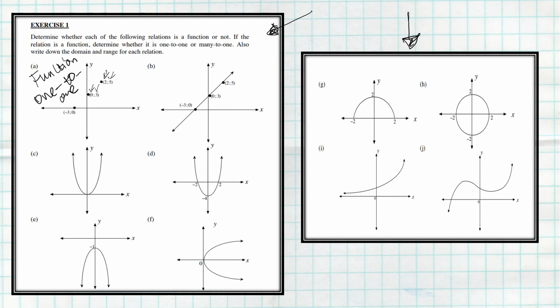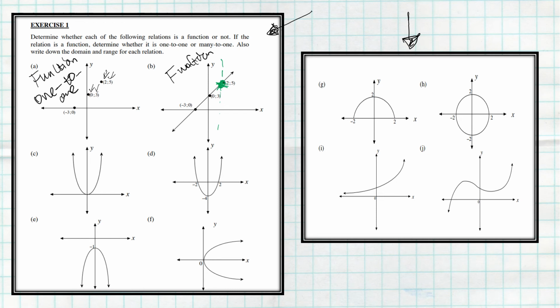Okay, so B, let's go to B. Here it is a graph. So if they just give you a graph, you can just use the vertical line test in order to check whether your graph is a function or not a function, right? I'm just gonna apply my vertical line. You see, if I apply my vertical line at any point in this graph, it's only gonna cut once. So this means that our graph is a function.